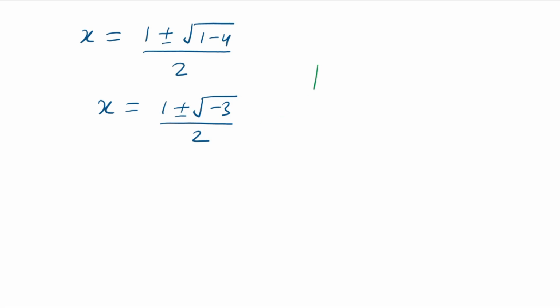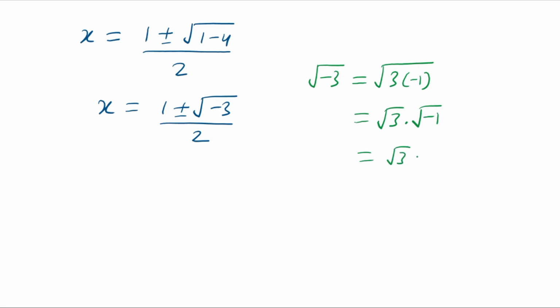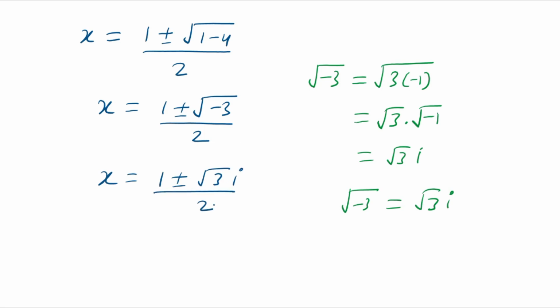Now the value of square root of minus 3 is equal to square root of 3 times minus 1, which is the same as square root of 3 times square root of minus 1, and square root of minus 1 is iota. So the value of square root of minus 3 is equal to square root of 3 times iota. Now x is equal to 1 plus minus square root of 3 times iota over 2.